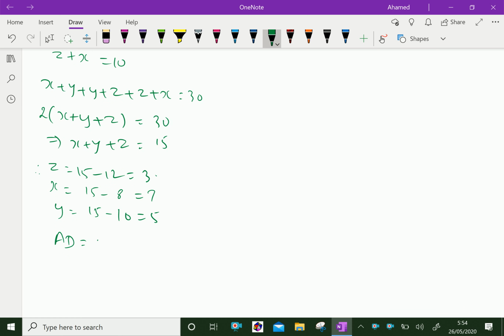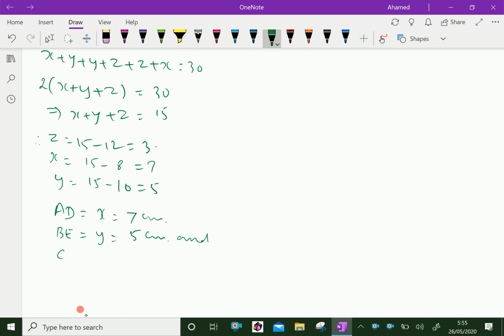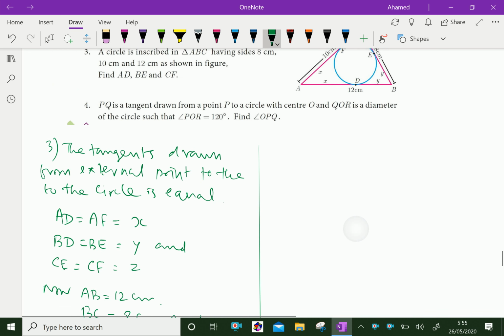AD equals x, which is 7 centimeter, and BE equals y, which is 5 centimeter, and CF equals z, which is 3 centimeter. Here, next question.